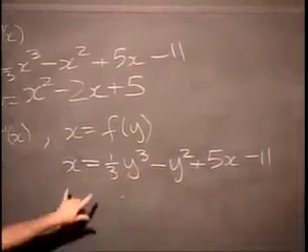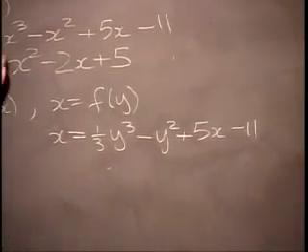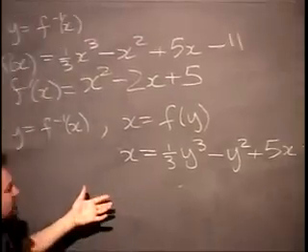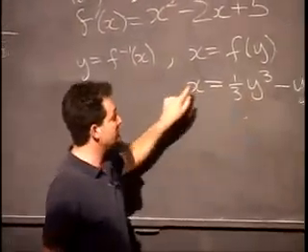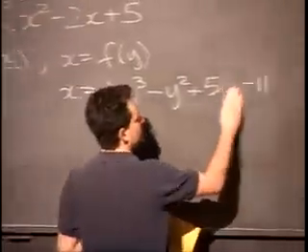All we've really done is switch x and y in the formula y equals f of x. You knew this rule before, of course, that to find the inverse function, you switch x and y. The problem is, if you actually want to find what y is in terms of x, you have to solve for y.